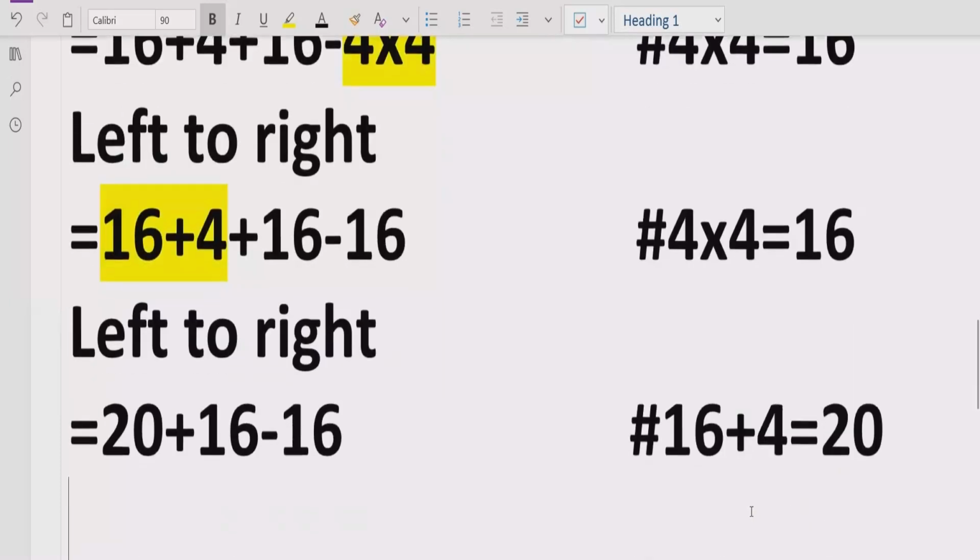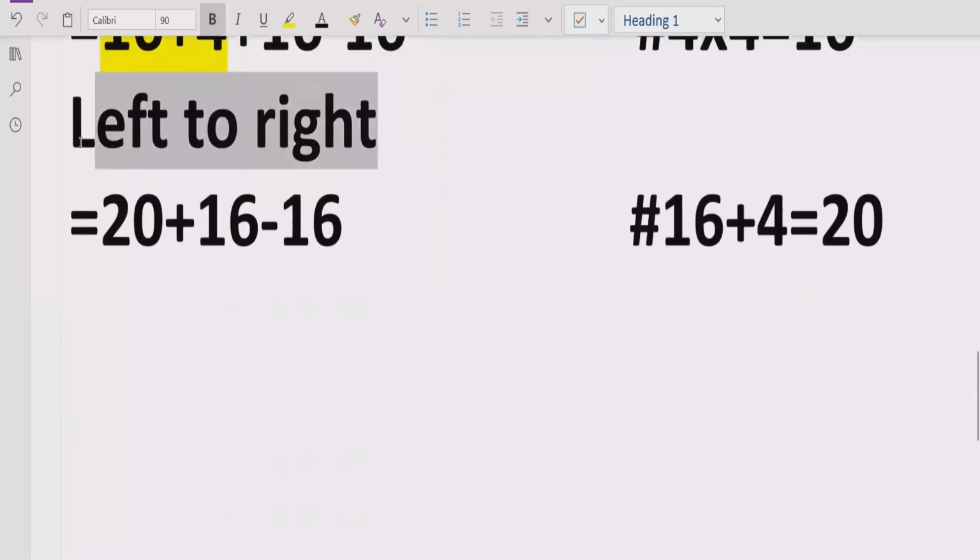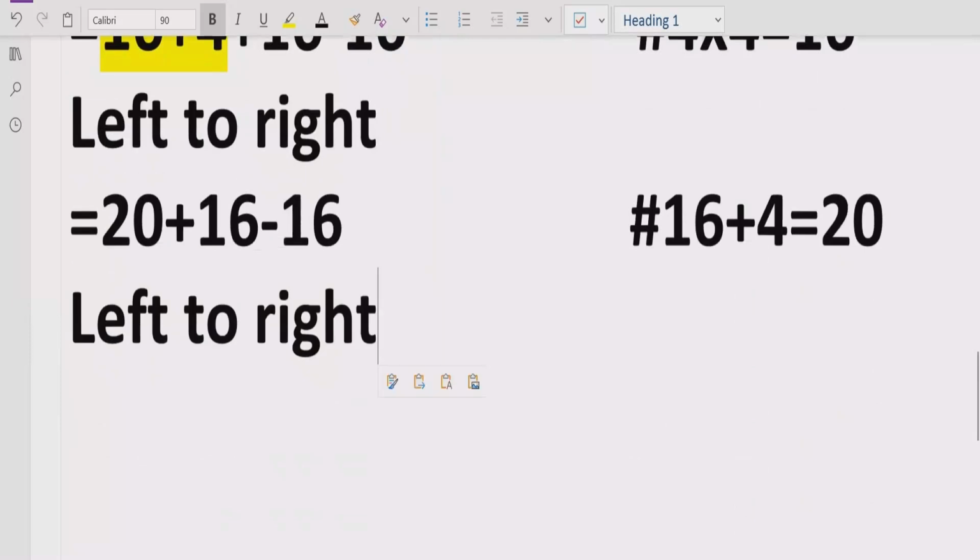Okay. Now again we have to go left to right and solve. Here we have 2 steps. First we add both of them, and after that we subtract them. Or you can say first we can subtract both of them and then add.